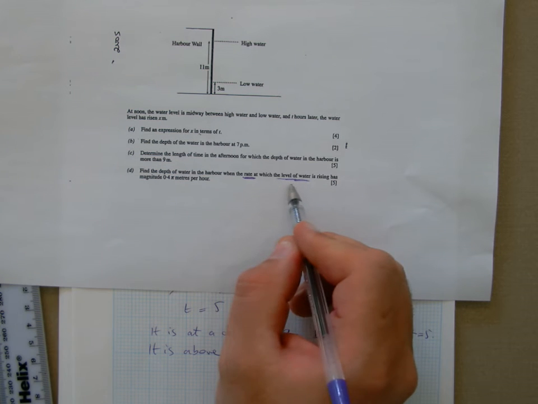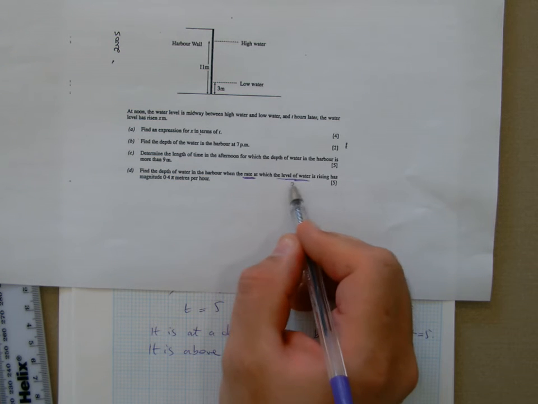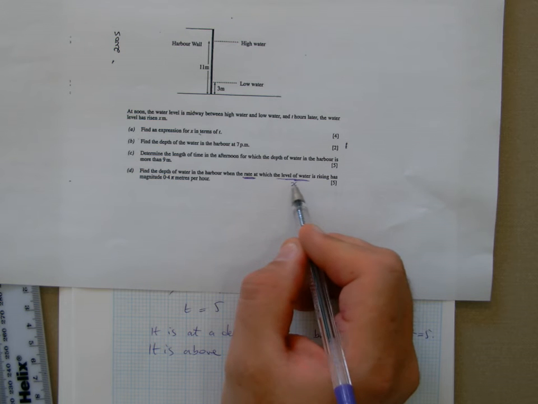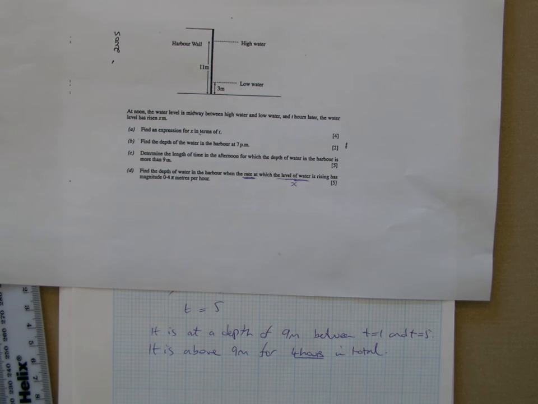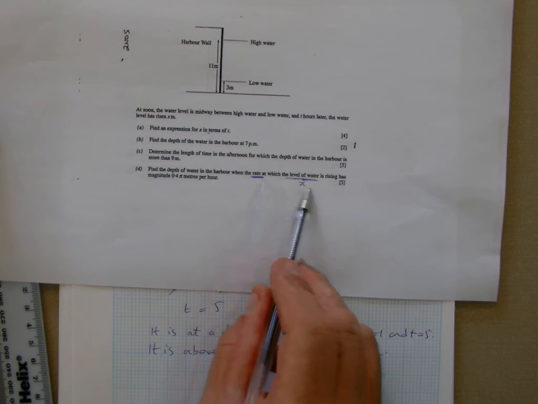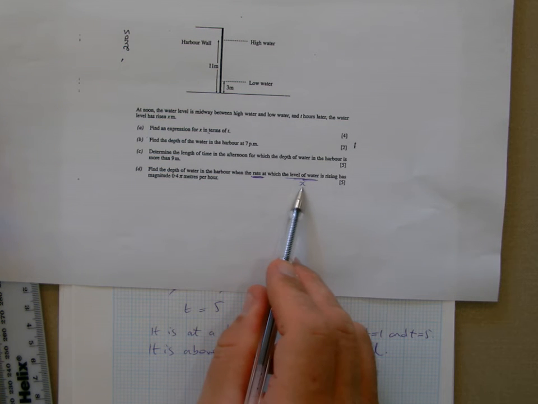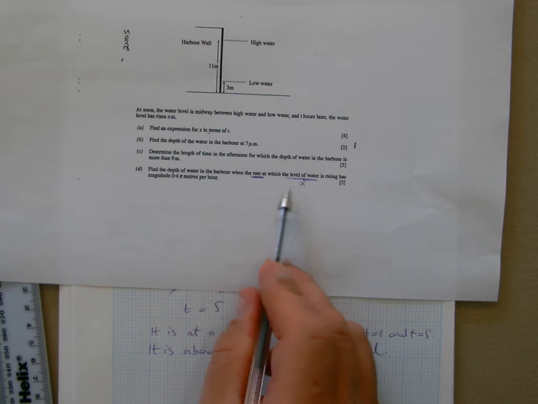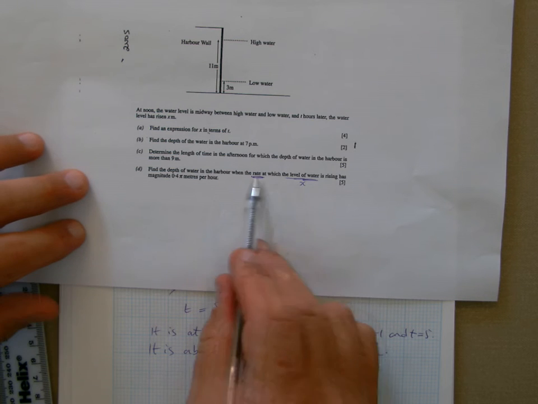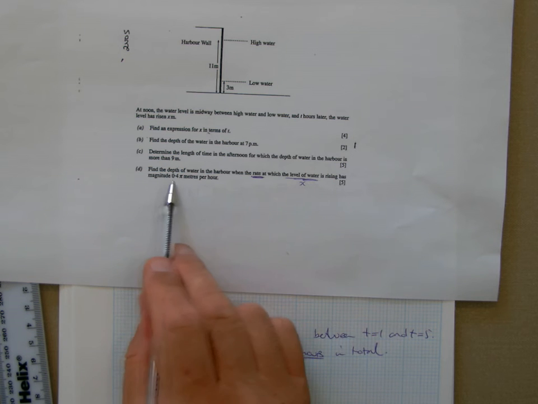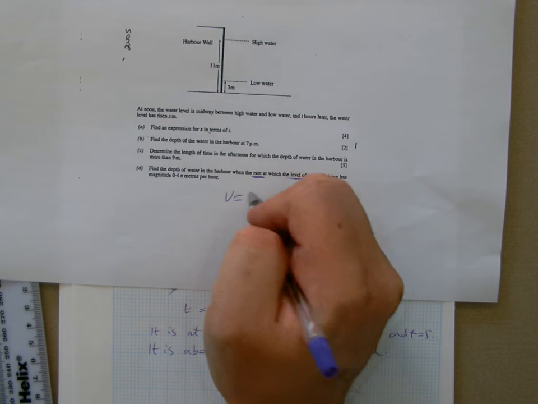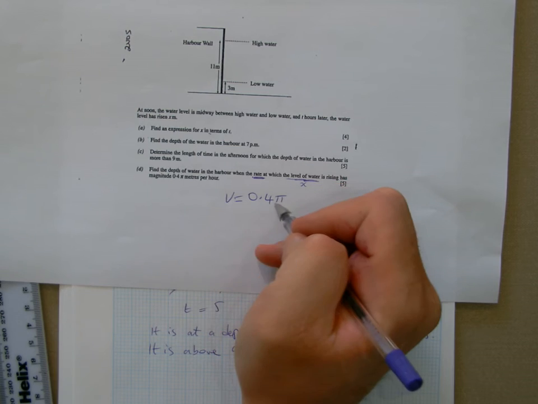The level of water is measured by x, but when they look at the rate, that's how it's changing. So it's the rate of change of x, dx by dt, in other words, the velocity.